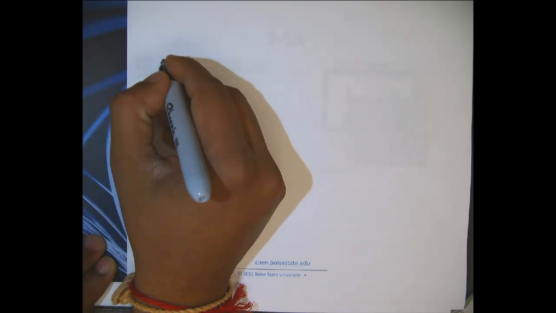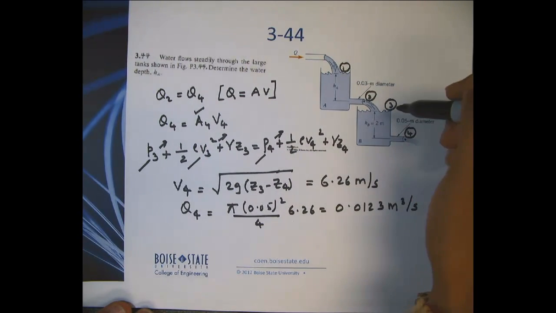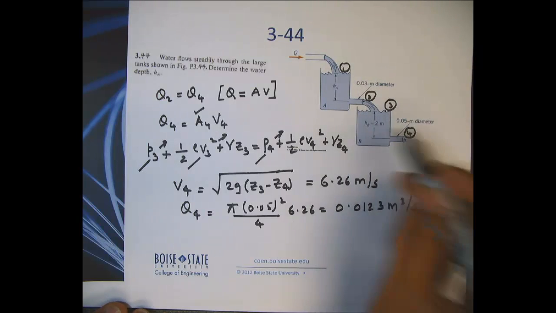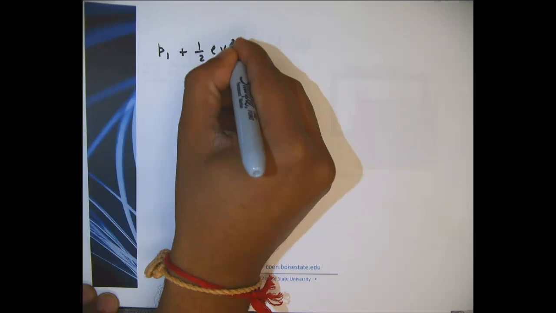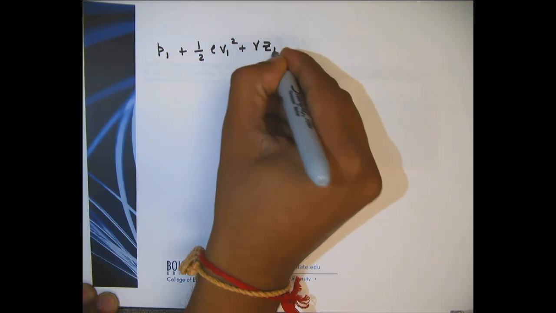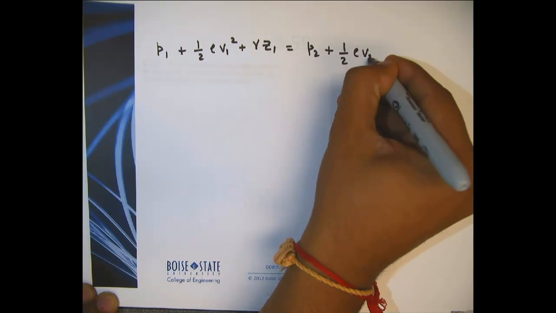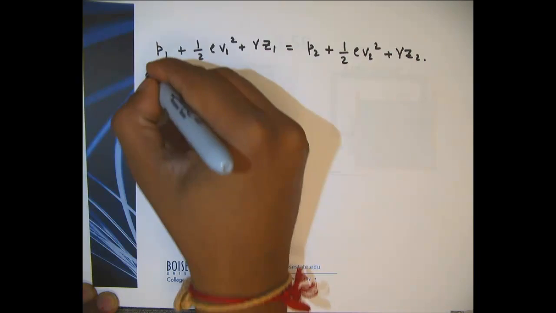So now we can probably apply the Bernoulli equation again, going from point 1 to point 2 along that streamline. So P1 plus half rho V1 square plus gamma Z1 equals P2 plus half rho V2 square plus gamma Z2.